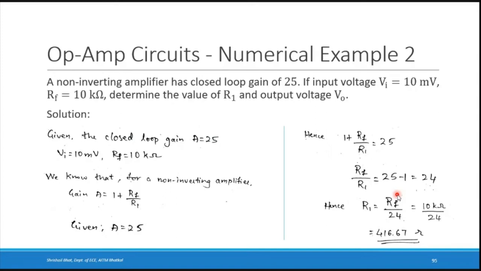You can approximate to 416.67 ohms. So that is the value of R1 that you have to use in the circuit.